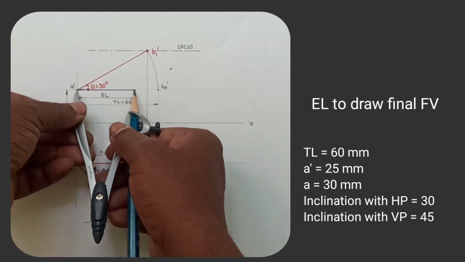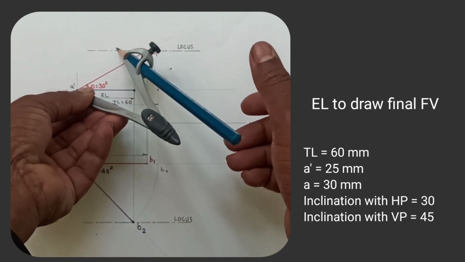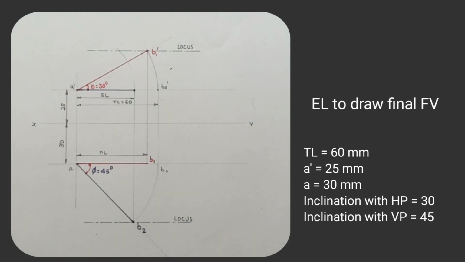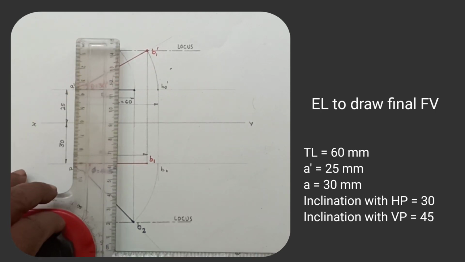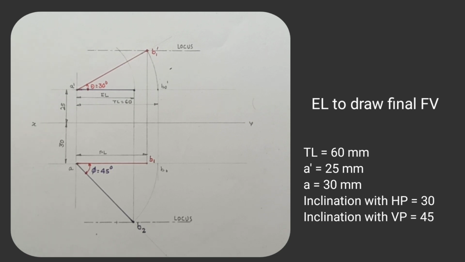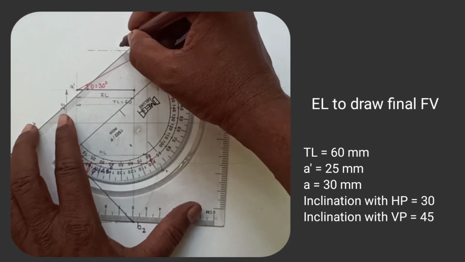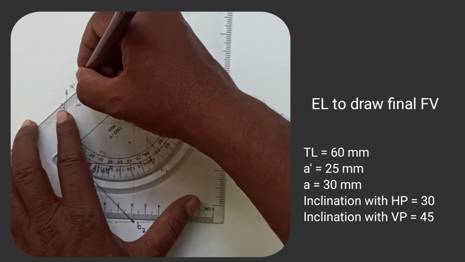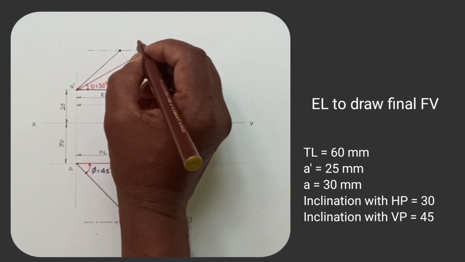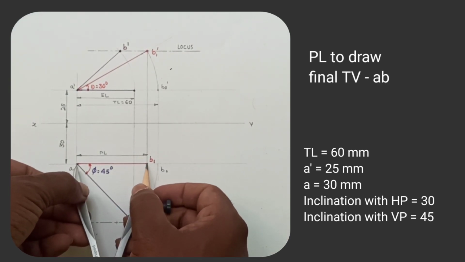Now to draw the final front view, take the help of EL, meaning take this distance in compass, take A dash as a center and shift this distance along the locus line which we have drawn in the front view. So join these 2 points, that is A dash and B dash, which will indicate the final front view when the line is inclined to both planes.